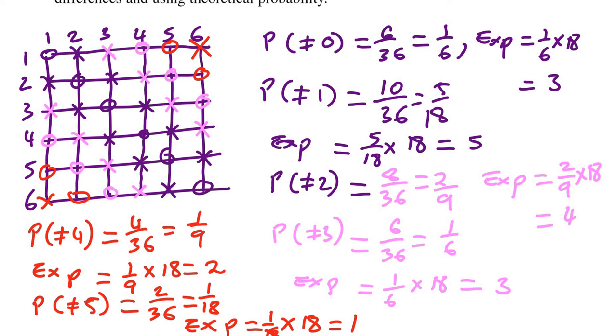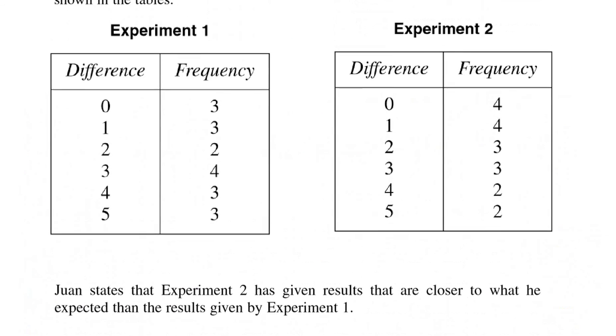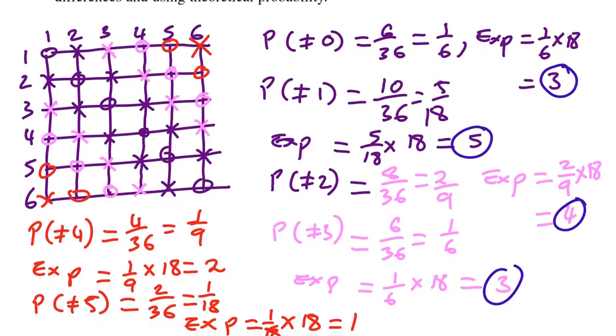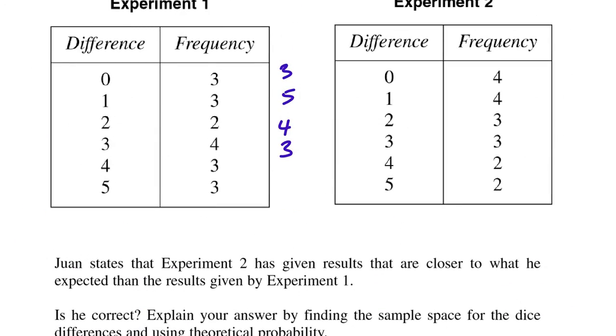So for 1 is 3, 5, 4, 3. Keep that in mind. 3, 5, 4, 3, and what? And 2, 1. Okay, and 2, 1.